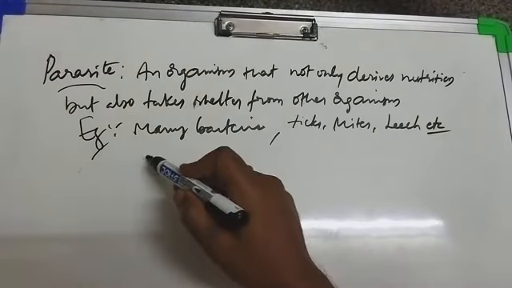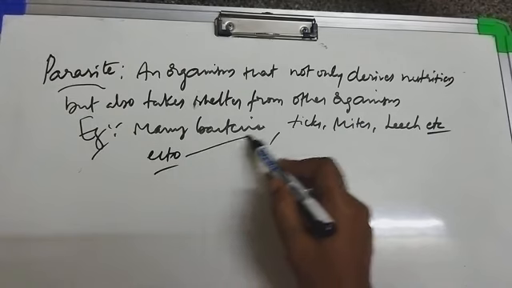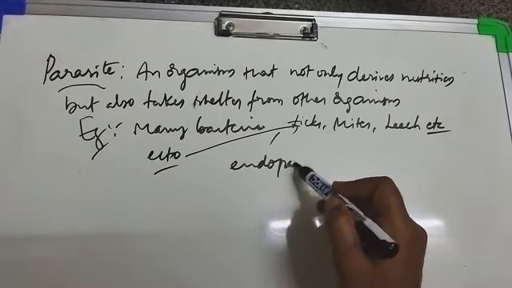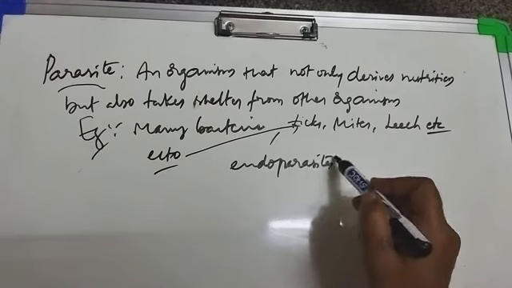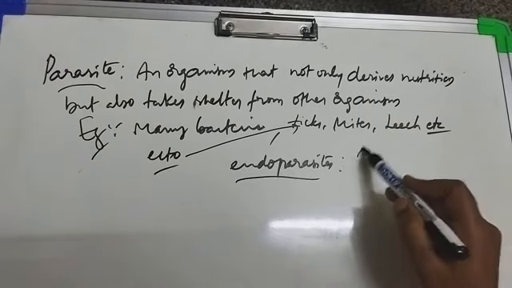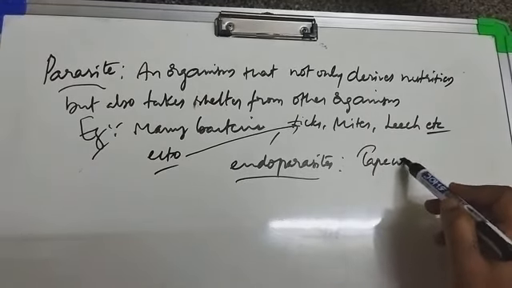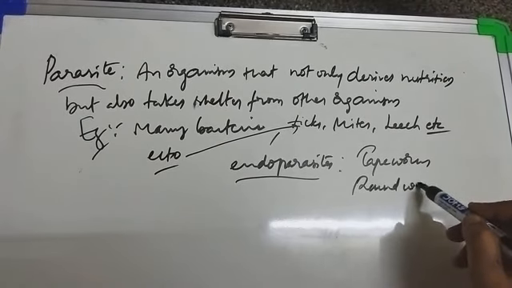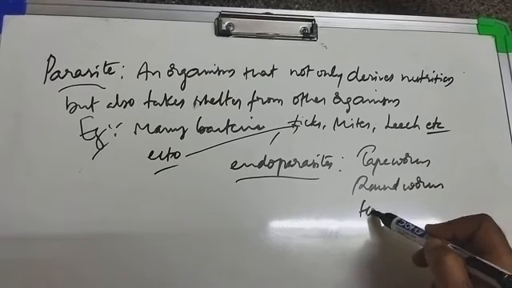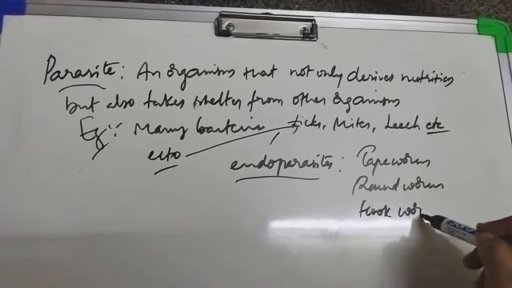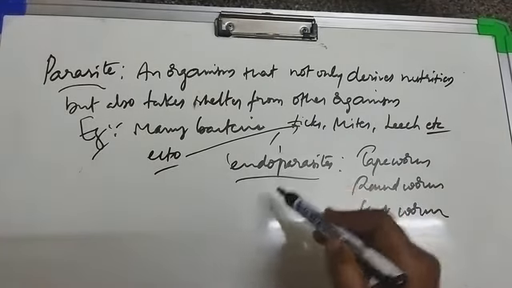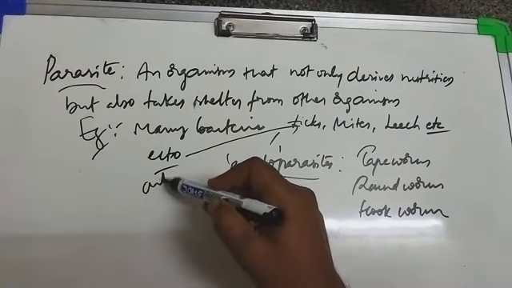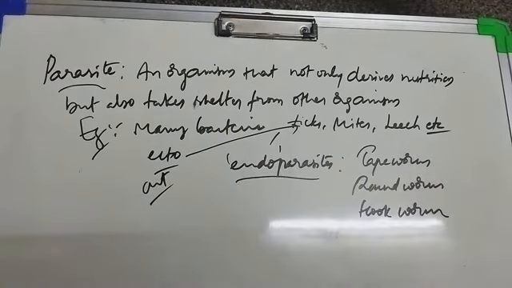Ectoparasites are ticks and mites. Endoparasites are tapeworm, roundworm, hookworm; they live inside the body of the organism. Ectoparasites live outside: ticks, mites, leech.